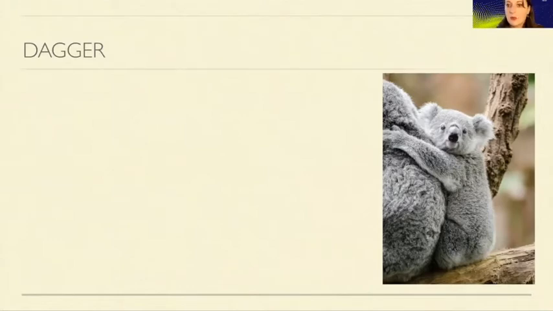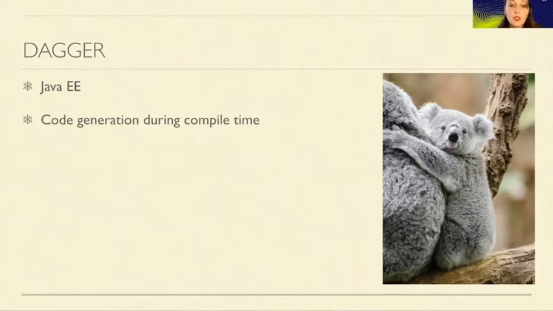So Dagger, what's Dagger actually? As I said, it's widely used in mobile development. It's based on Java EE. So when you're looking at documentation or Dagger code, you will recognize a lot of it if you have done some Java EE stuff. So the @Inject annotation, for instance. It does code generation during compile time.